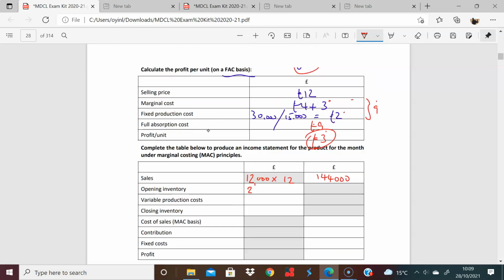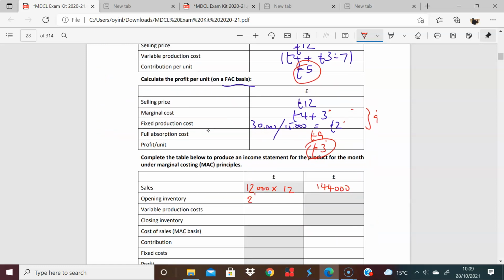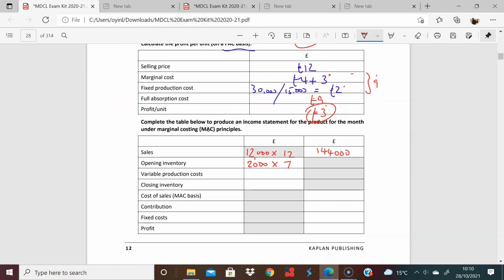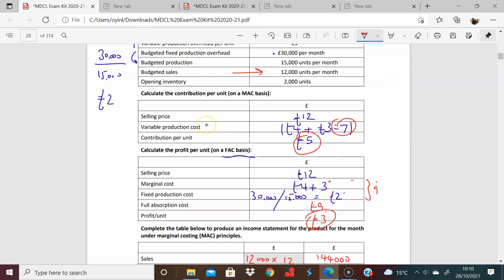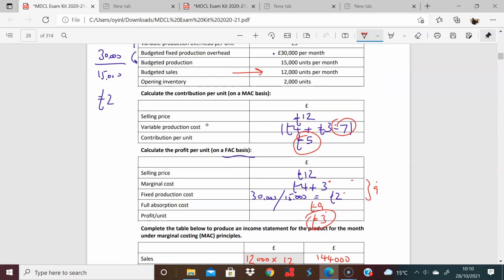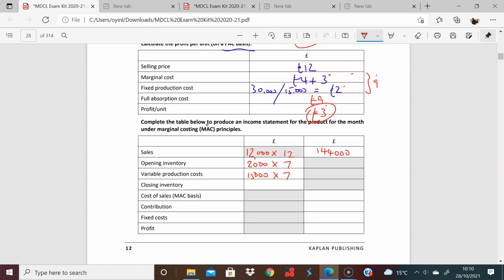You have opening inventory. It tells us in the question your opening inventory is 2,000 units. It's 2,000 units times 7, because we're dealing with marginal cost and we're only interested in the variable cost. And then you produced 15,000 units, 15,000 times 7, and your closing inventory, if you sold 12,000 units and you started the day with 2,000, you bought in another 15,000, so that means you had 17,000 technically, right?